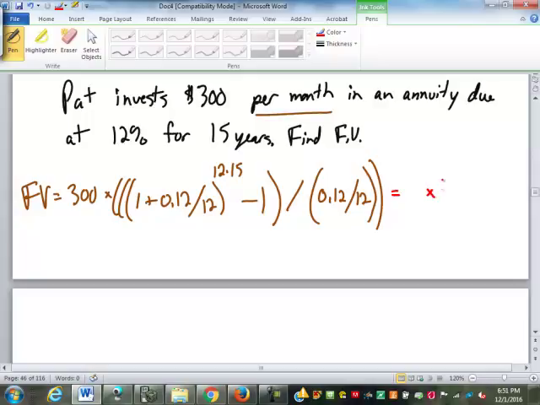Then we'll hit times 1 plus 0.12 divided by 12. That adjustment factor is 1 plus the rate divided by n.